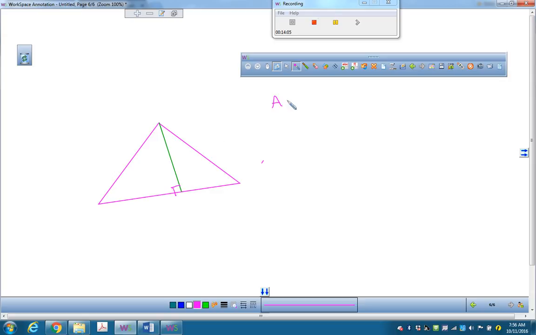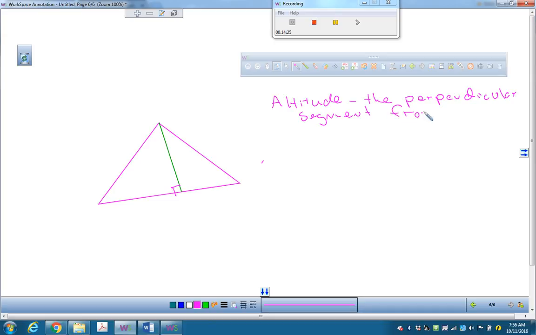Okay, so an altitude, you should maybe write this down. Altitude is the perpendicular segment from a vertex to the opposite side.